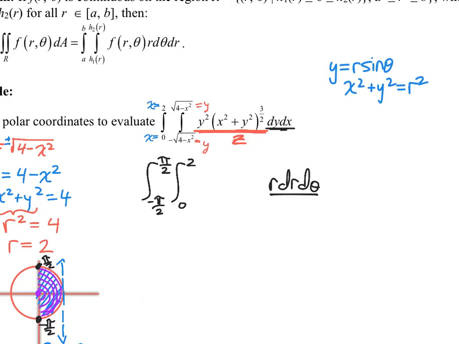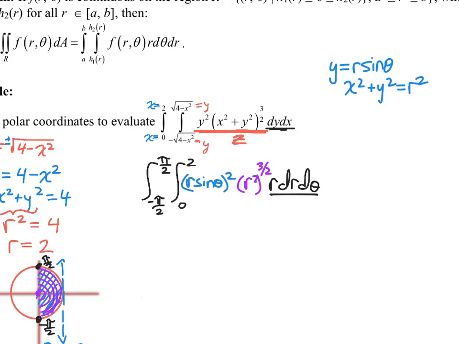So I could actually write x squared as r cosine theta quantity squared and replace the y squared inside the parentheses with an r sine theta quantity squared. But since I already know it's going to be equal to r squared, I might as well just leave it at that. So we're looking at r sine theta squared times this, which is going to become r squared to the 3/2.